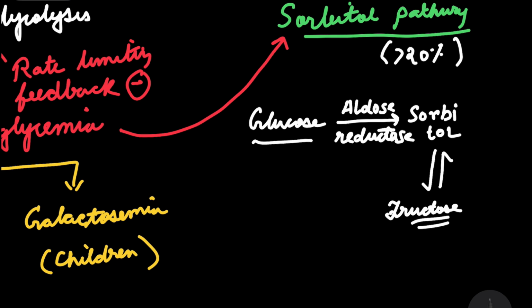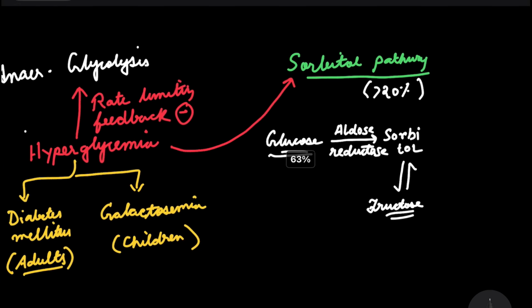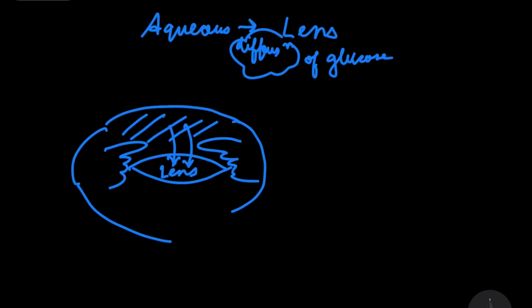I have actually spent quite some time explaining to you how glucose gets into the lens. Glucose gets into the lens by diffusion, as I explained in this image over here. Diffusion from the aqueous. In fact, glucose can diffuse in and out of the lens very freely. No hindrance, no obstruction, no problem. Everyone loves glucose.